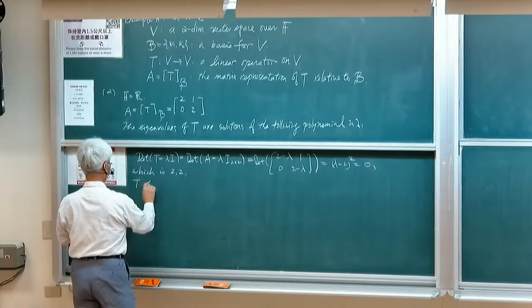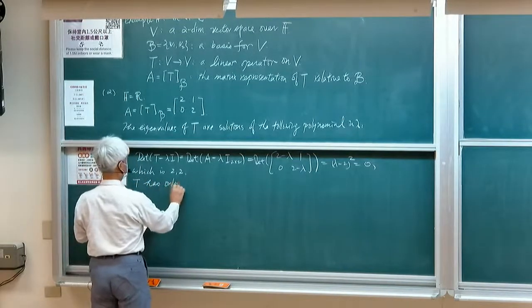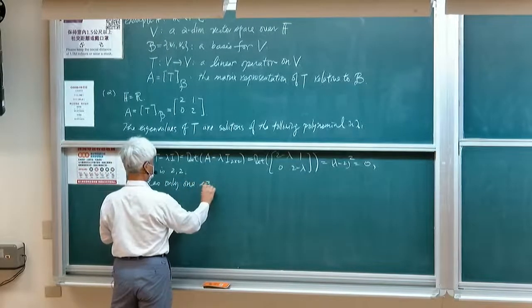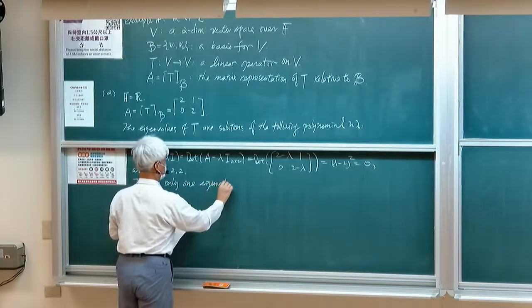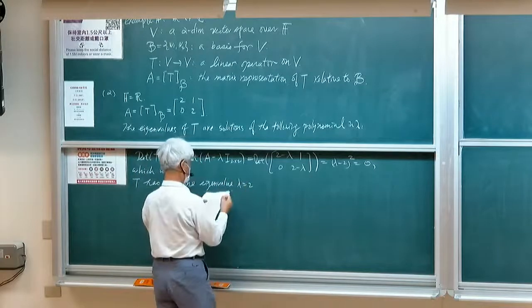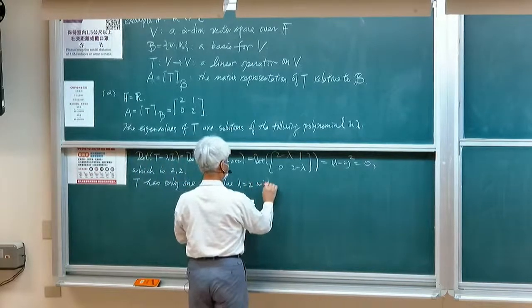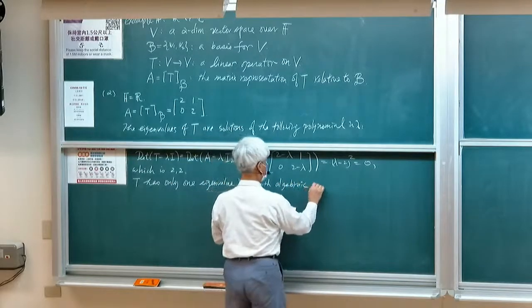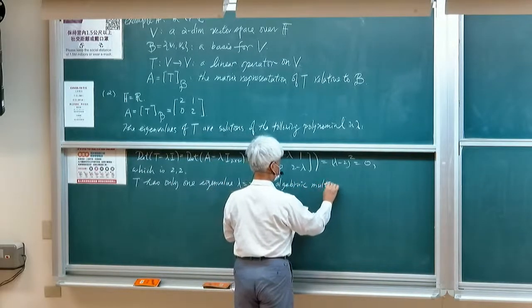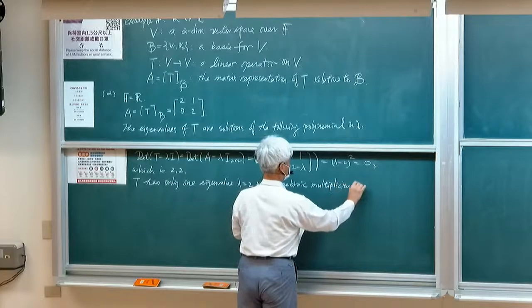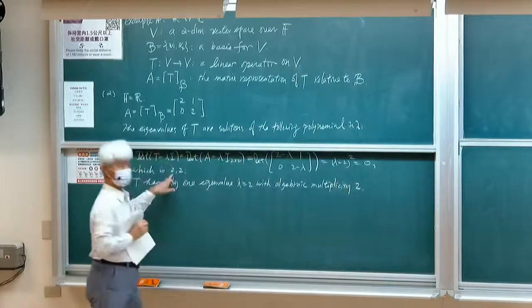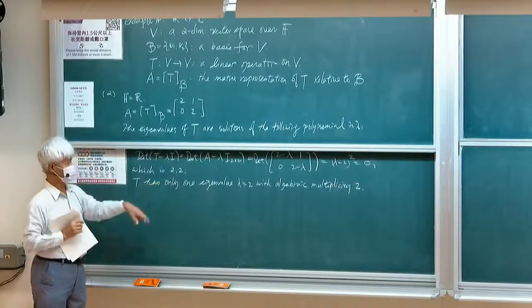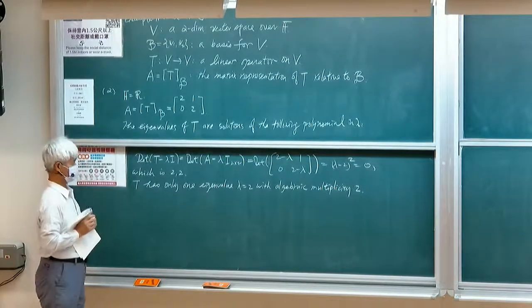So T has only one eigenvalue, lambda equal to 2, with algebraic multiplicity 2. This is called the algebraic multiplicity.